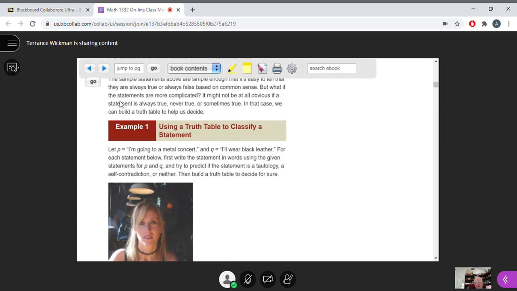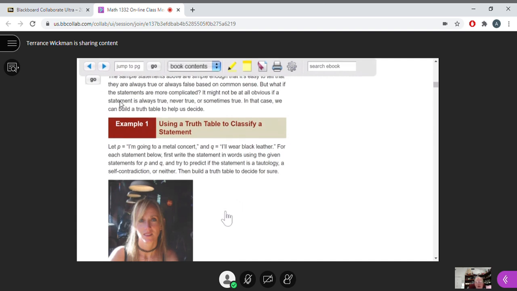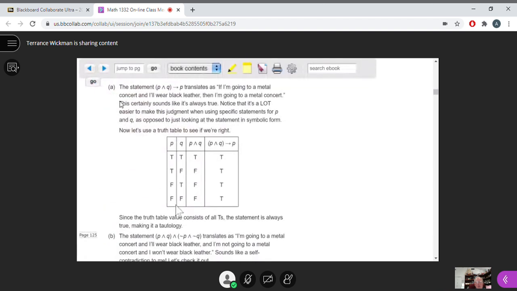If P is false, I'm not going to the concert, and I'm not going to wear black leather, then everything that you say is false, but it makes it true. I'm not going to wear black leather, therefore I'm not going to go to the concert. I'm not going to the concert, therefore I'm not going to wear black leather. Again, it's kind of mind-boggling stuff, and I assure you, we have one more section of this stuff left. But it makes sense to me because they're both false, and that's false. The or part makes it true.